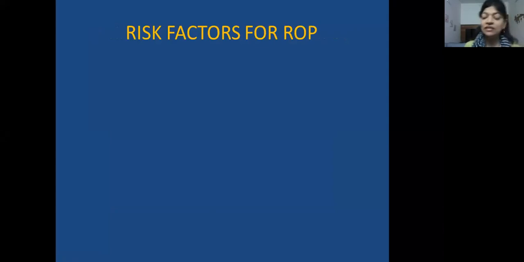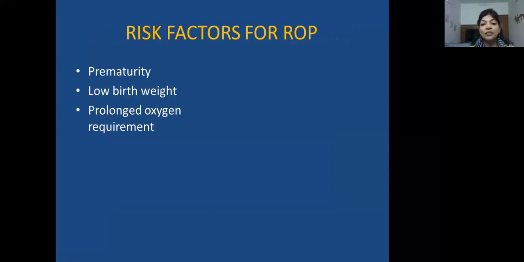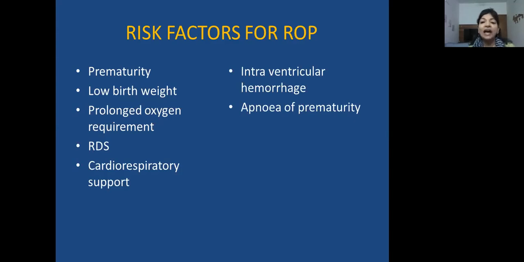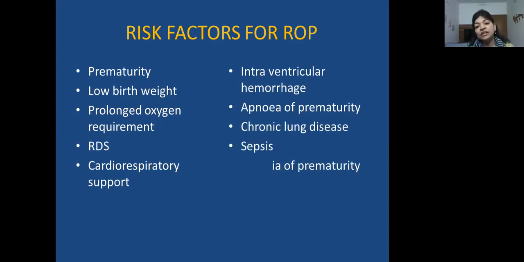So before that, let's just look at what are some of the risk factors for ROP. I think prematurity, low birth weight, and oxygen requirement is something that we all know. But apart from this, any child who was born even full term, if they had respiratory distress syndrome, needed to be put on cardiorespiratory support, had an intraventricular hemorrhage at birth, apnea of prematurity, neonatal sepsis, or anemia of prematurity.